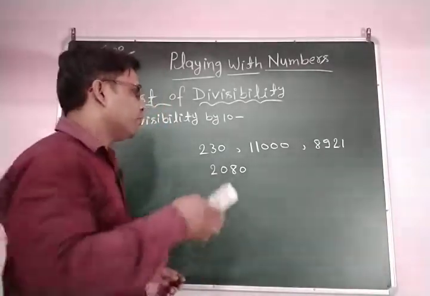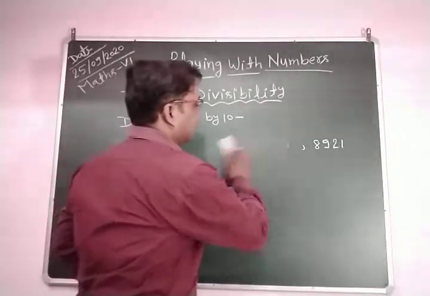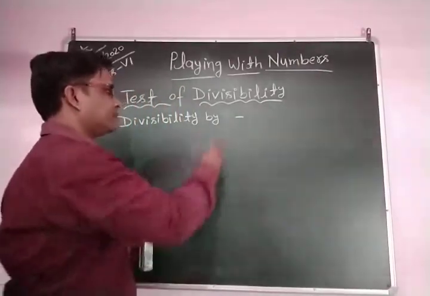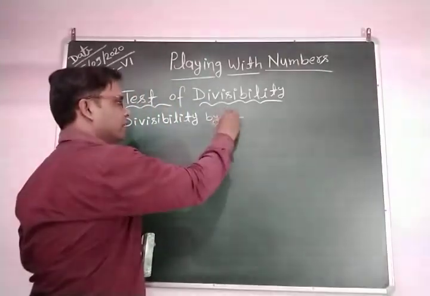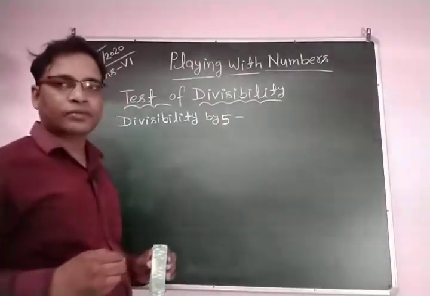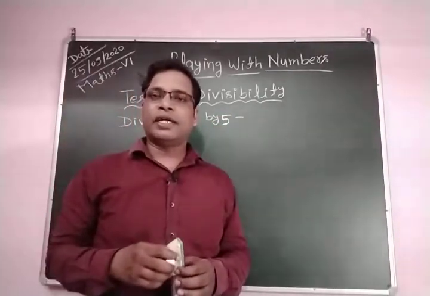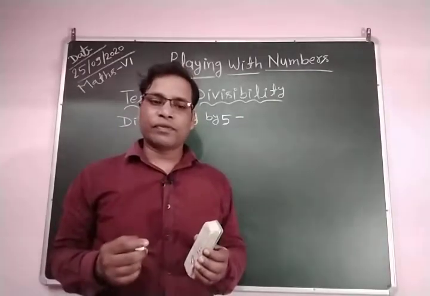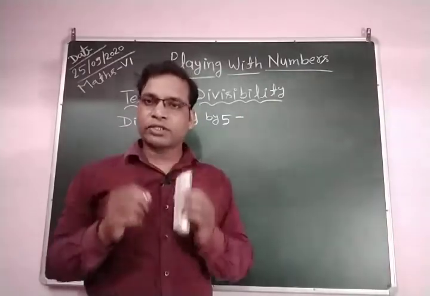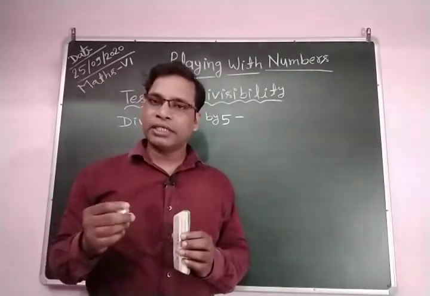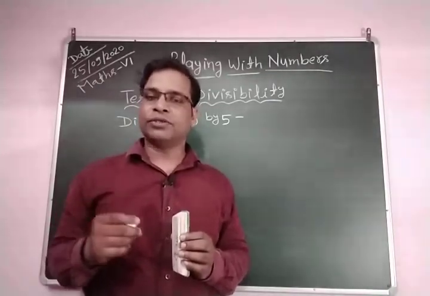Okay, now we are going to discuss divisibility by 5. How do we know which number is divisible by 5 or not? We follow some rules, as with tens. A number is divisible by 10 if its last digit is 0.